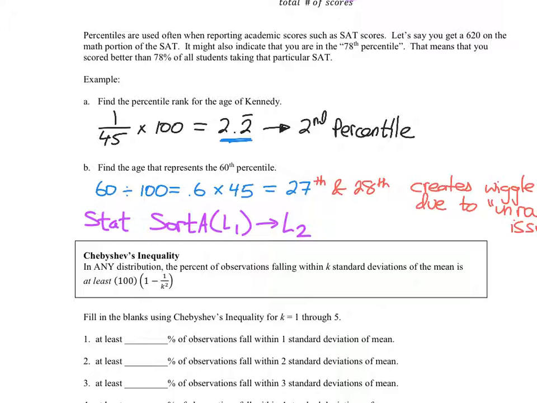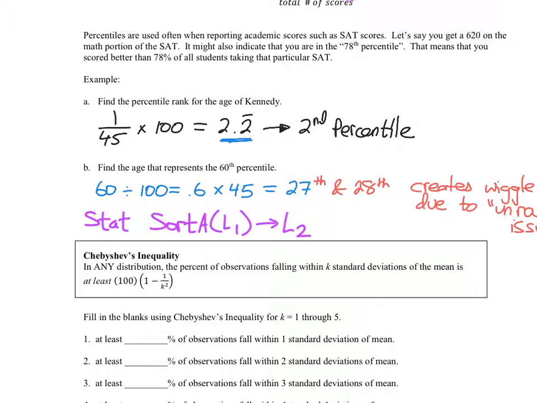All right, so stat edit. Now all of the data is in ascending order, and I'm looking for the 27th and 28th values. The list function has a counter, so it tells me what the first entry, third entry is, and I don't have to count them. I just keep scrolling until it says 27, 28 on the bottom here.